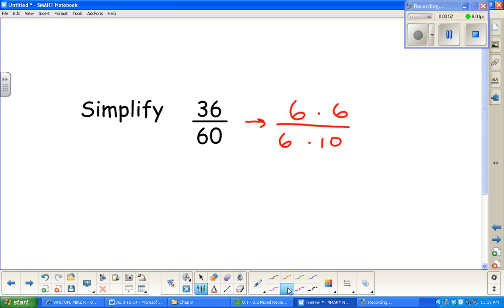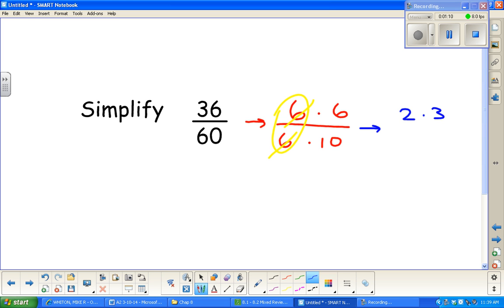This might not get done in one step, but at least we can see so far that 6 over 6 really equals 1. They kind of cancel each other out, something divided by itself. So those are gone. And then with the 6 over 10, they're both divisible by 2.